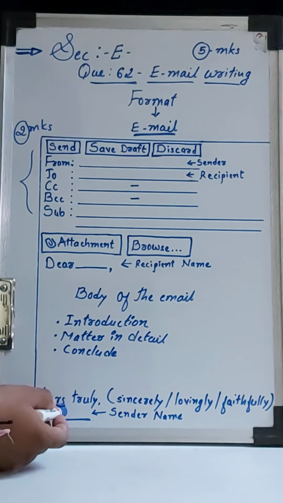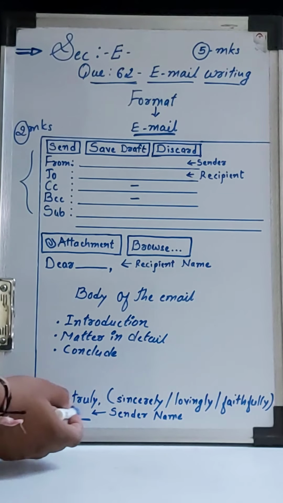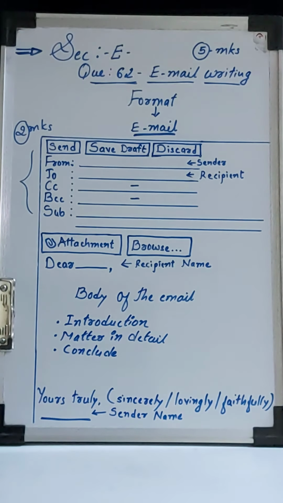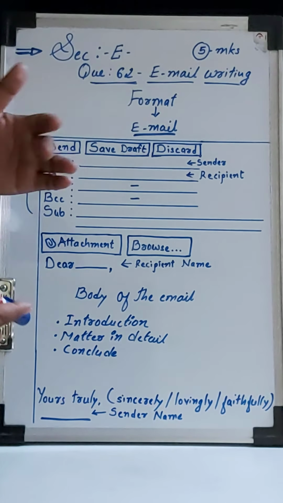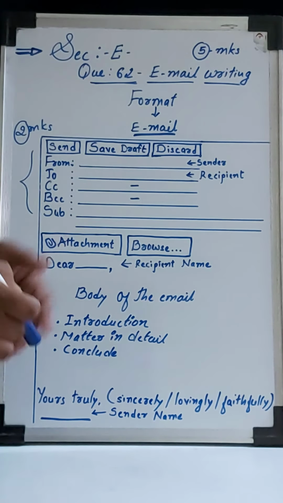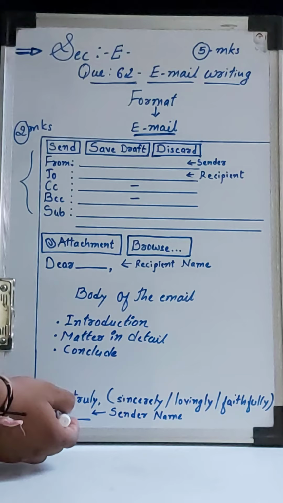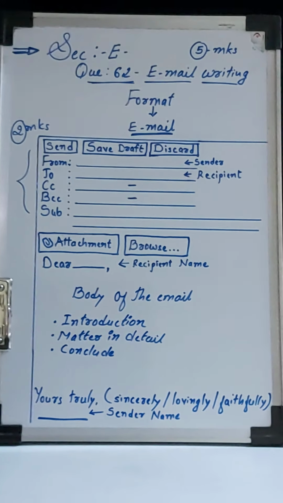Then after that complimentary clause, you have to write down the name of the sender. It means your own, because you are composing the email, so whosoever is writing the email should have his or her name over there.